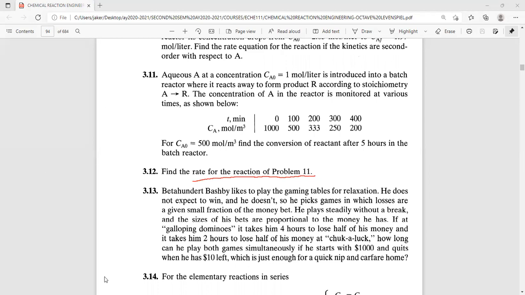Let me check. What do you think, Dia? Is this rate law, or is the rate for the reaction of problem 11 a value? Value, miss.